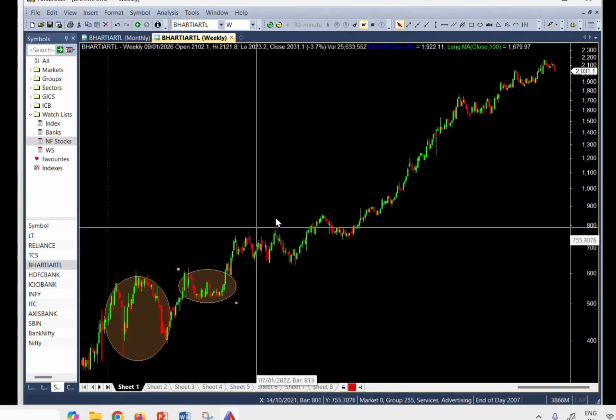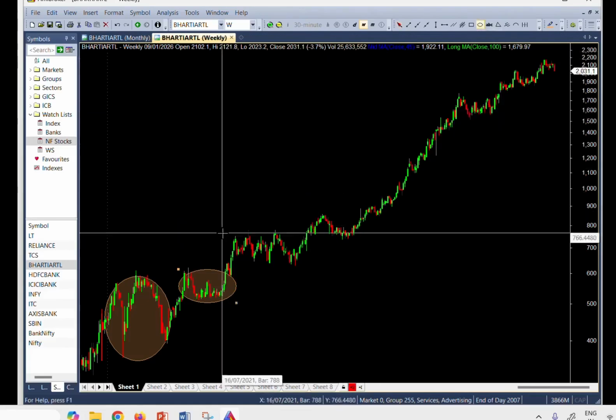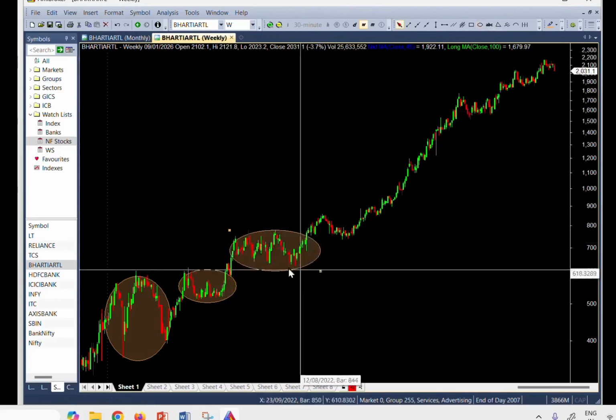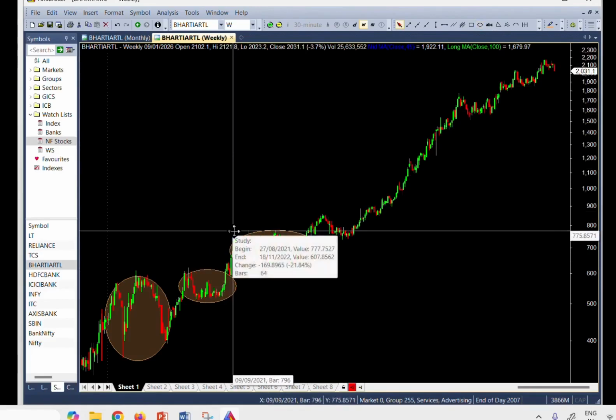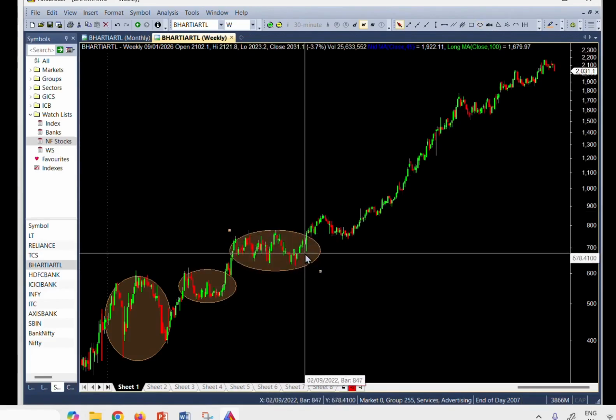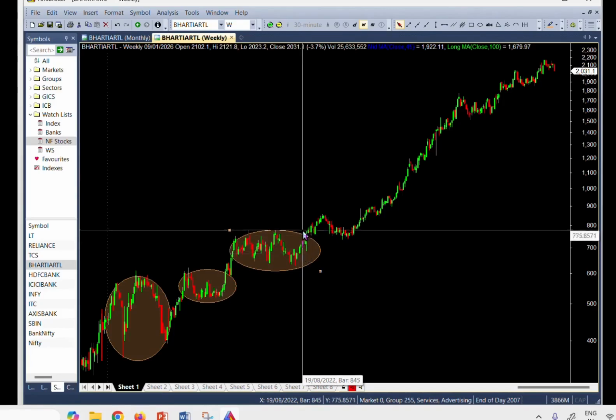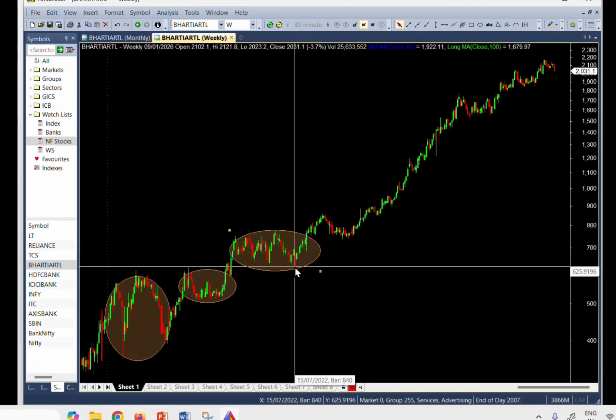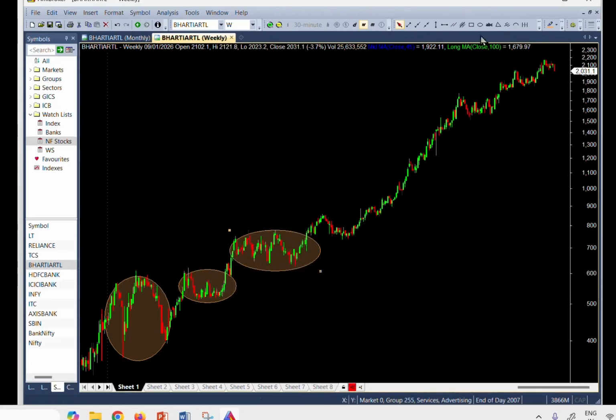It has gone up to 729, and again it has gone into a sideways move from almost September 2021 till 2022. That means for 1 year, this security was in a sideways move. It was fluctuating between 798 and 625.